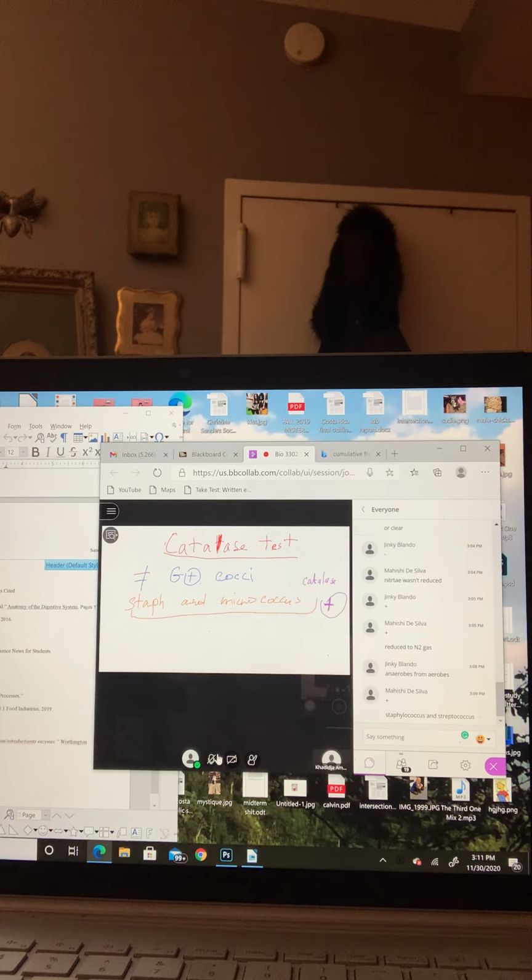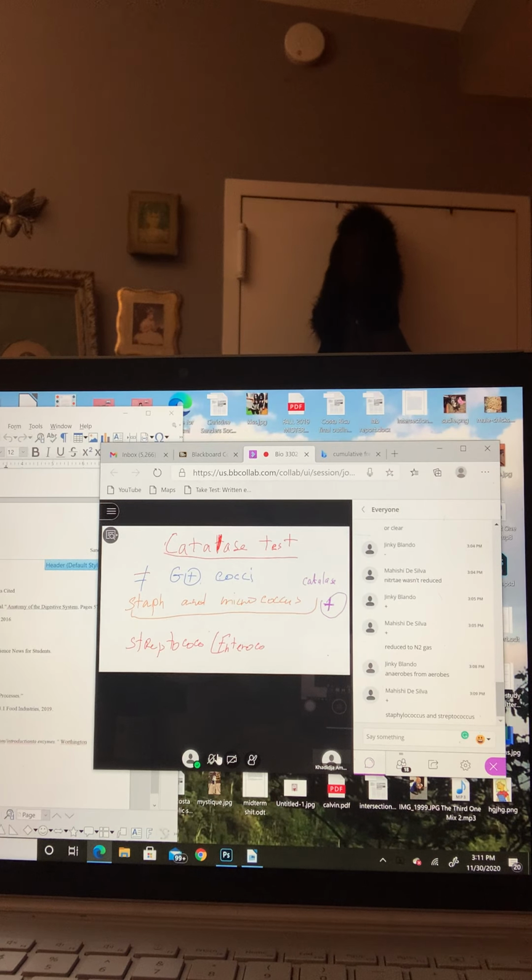So it differentiates between two different types of gram-positive bacteria, that is staph, and the Streptococcus. Or we have the Enterococcus. So we have this type of bacteria.